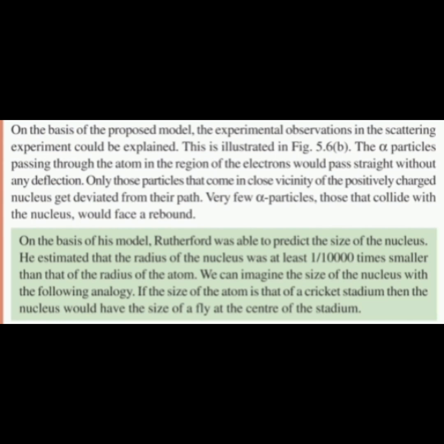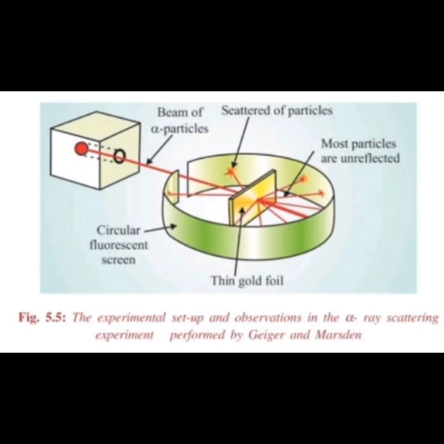Okay, so the whole summary is that in the alpha ray scattering experiment, before that we saw in our previous topic that there was an experiment done by Thomson, where he said that the rays will go straight through the gold sheet.